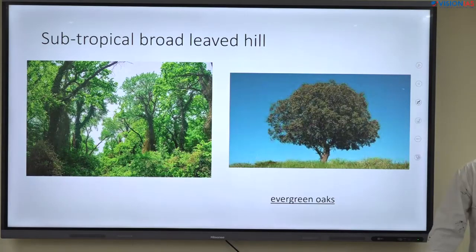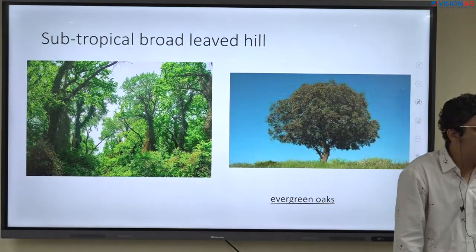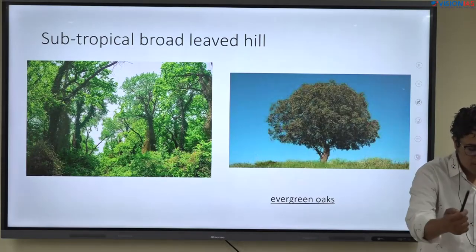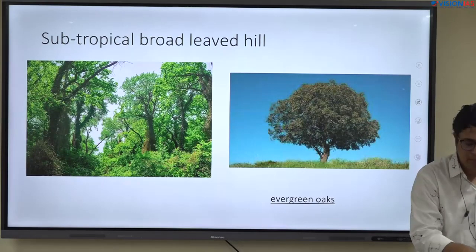Subtropical broad-leaved hill forest. Annual rainfall is 75 to 125 centimeter. It is varying, but the rainfall is low. Average annual temperature is 18 to 21 degrees Celsius. Temperature has reduced. Why? If you compare previous categories, the average temperature is less here.